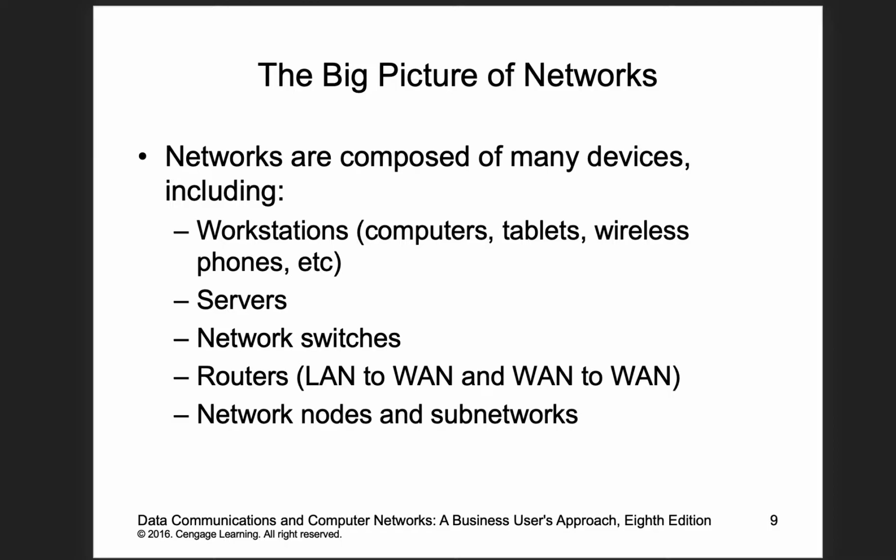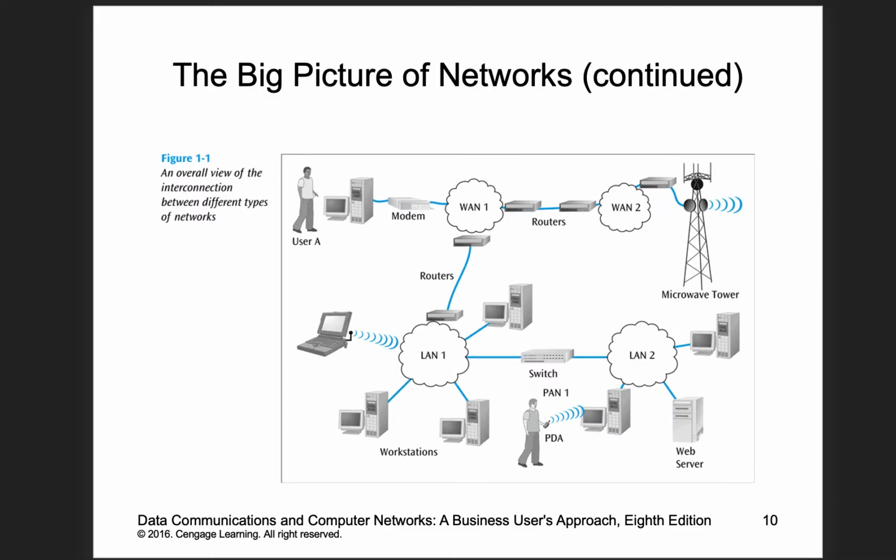From a smaller area to a bigger, wider area. Okay. Also network nodes and subnetwork. Okay. Next, take a look at a picture of an example. Like over here at figure 1.1, we can see user A, which is at the top left-hand corner.